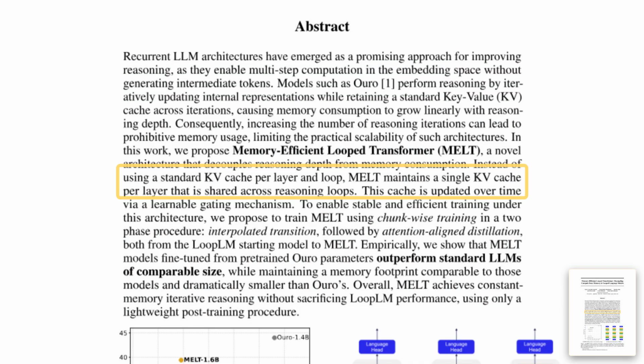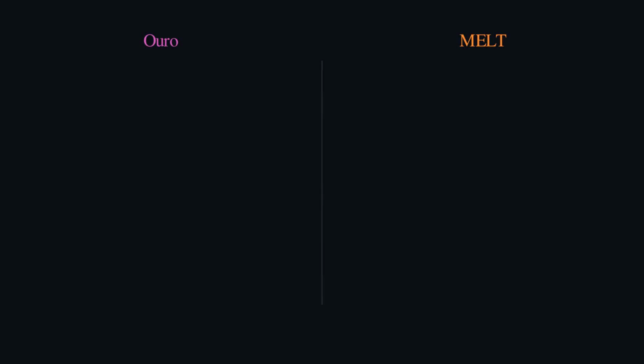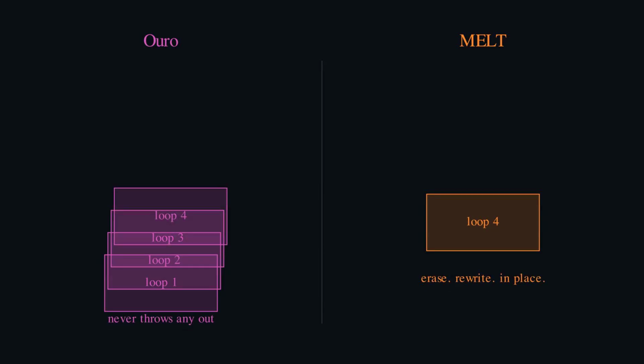So MELT does something simple to say and tricky to make work. 1 KV cache per layer, shared across every loop. The size of the cache no longer depends on how deep you reason. Think of it as 2 scratch pads. Ouro takes a fresh sheet for every loop and never throws any of them out.